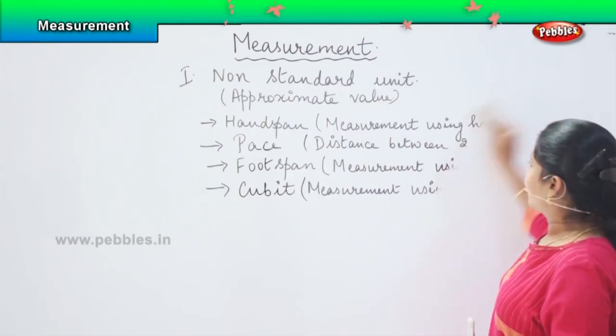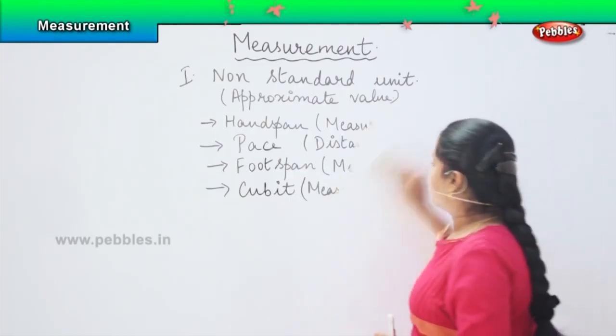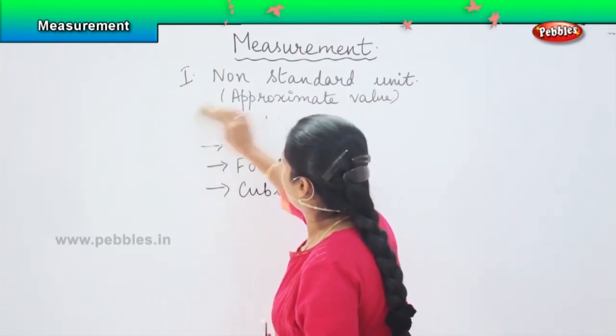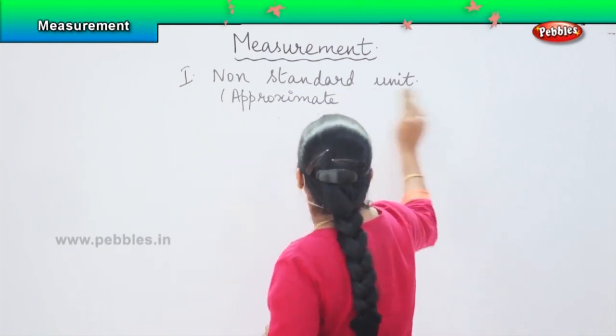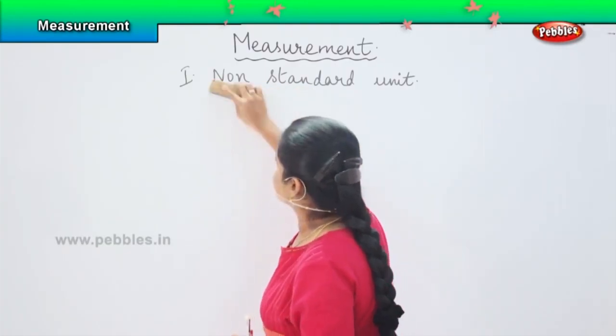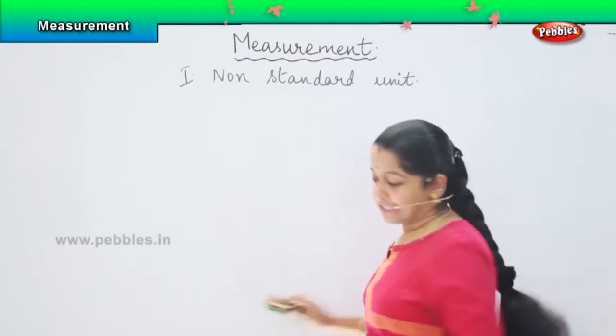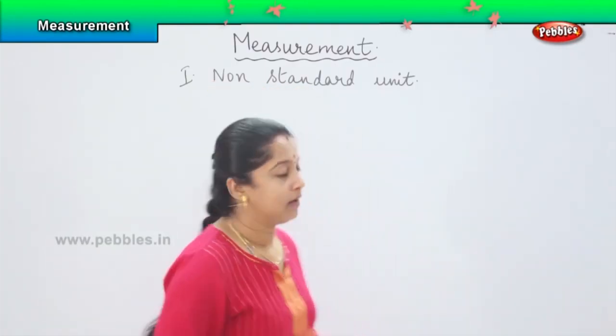So the next method is the standard method. As the name suggests, the standard method is used to give us the exact value. Okay.